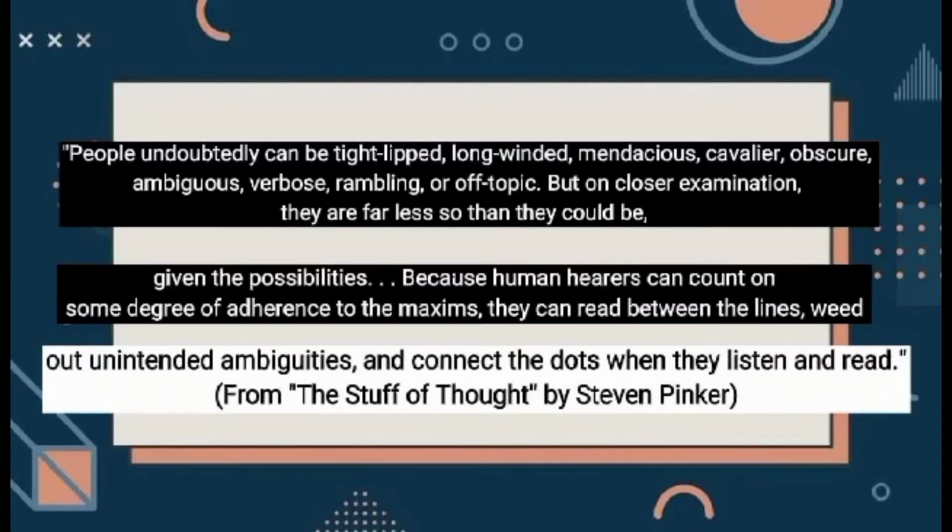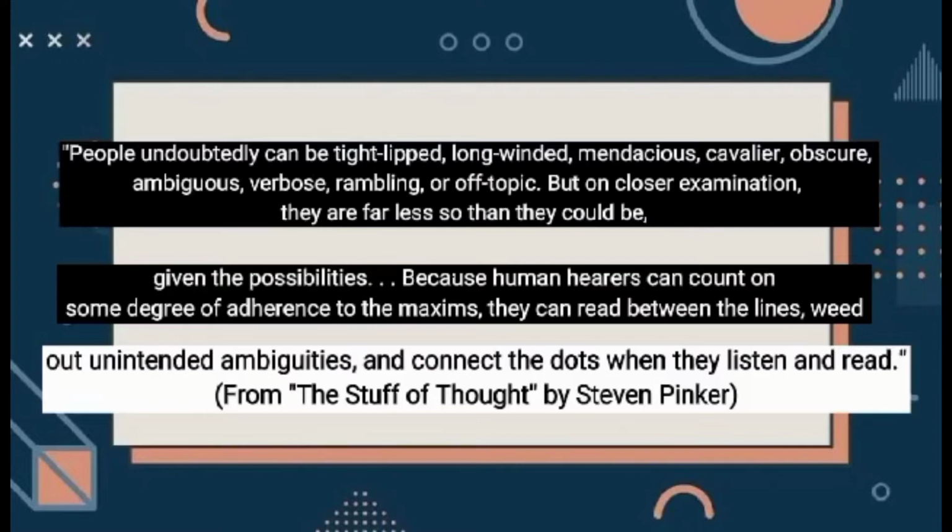Next, it is from The Stuff of Thought by Steven Pinker. "People undoubtedly can be tight-lipped, long-winded, mendacious, cavalier, obscure, ambiguous, verbose, rambling, or off topic.